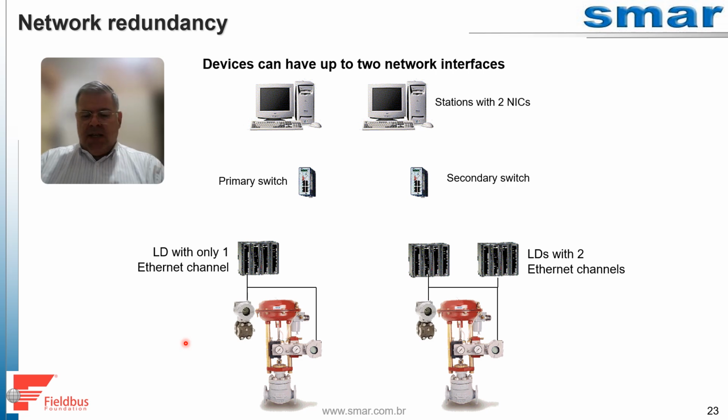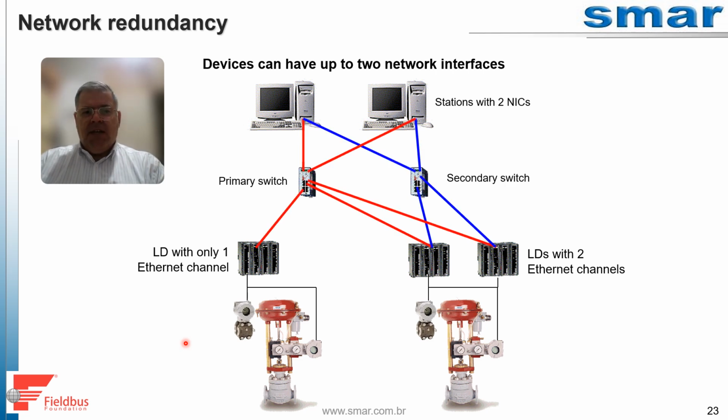We could have in one of the networks, in red, an HSE Ethernet system connected to a primary switch and a secondary switch. In blue, we could have another HSE connection.